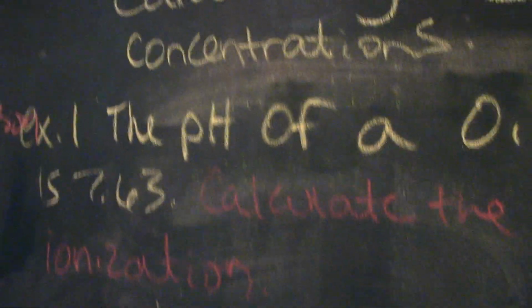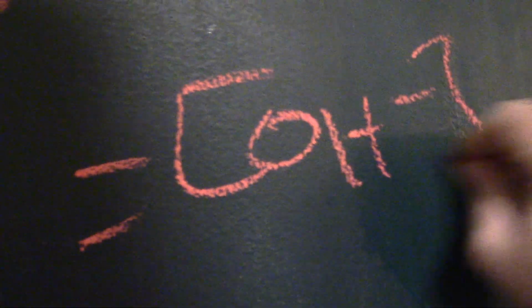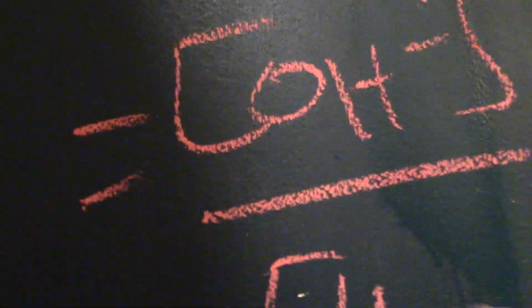So B, let's do percent ionization. Percent ionization equals the concentration of the amount of hydroxide made over the concentration of the weak base times 100%.